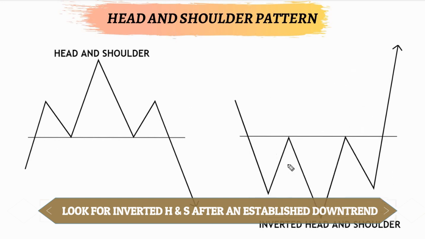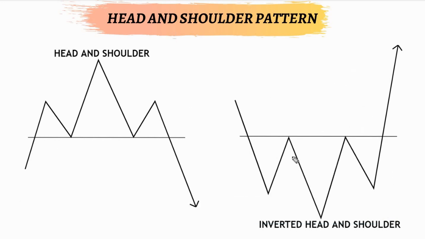Okay, so the inverted head and shoulder pattern is an indication that sellers are losing momentum in the markets and buyers are getting much stronger. So we will look for a potential trend reversal trade setup.